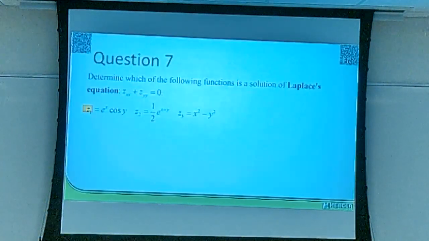So we'll start by looking at Z sub 1. Let's see if this is a solution. What's the partial with respect to x? You're right, it is a constant. But in this case, it's a constant multiple. Right? And what is with respect to x again?